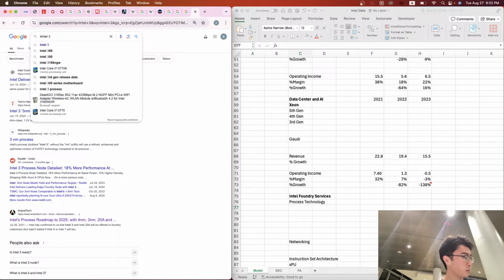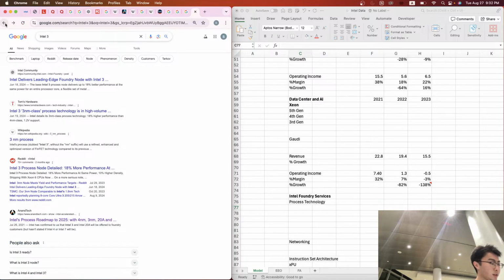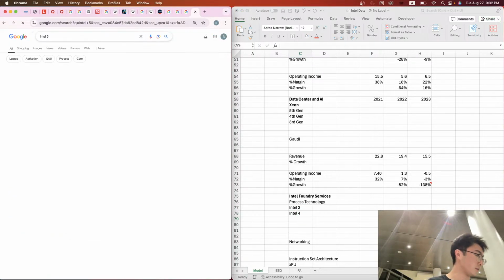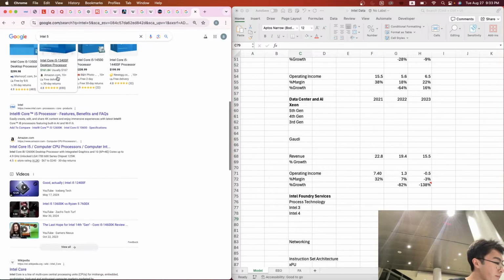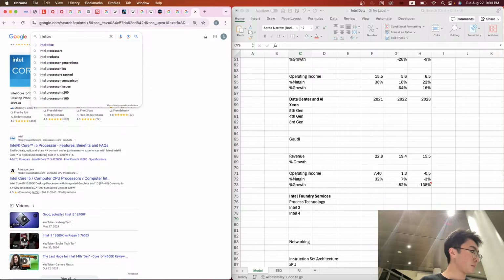Intel 4. Okay, so it is going down. Intel 3, Intel 4. Is there an Intel 5? I guess they just made the jump. Processor manufacturing.